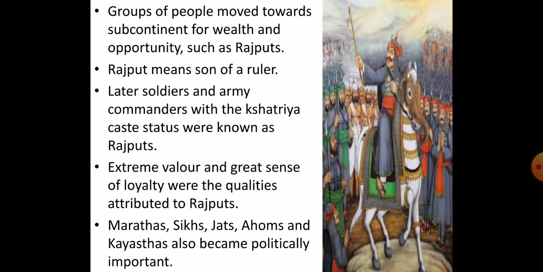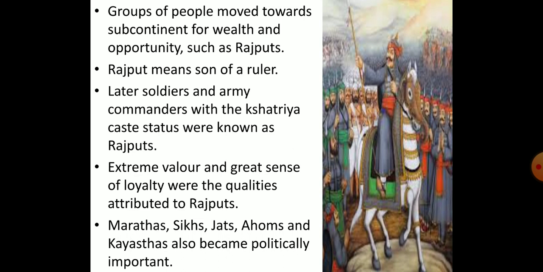The Rajput term is derived from the word Rajputra, meaning the son of a ruler. Between the 8th and 14th century, the term Rajput began to be used generally for a group of warriors who had the Kshatriya caste status.